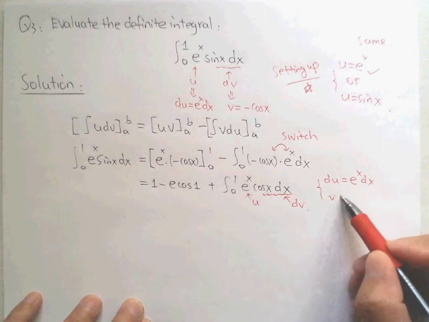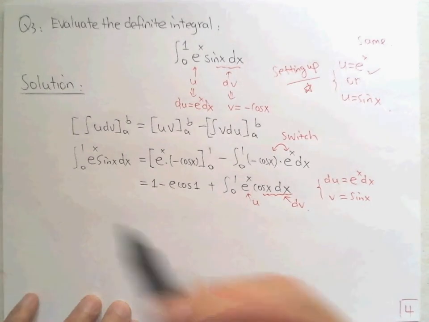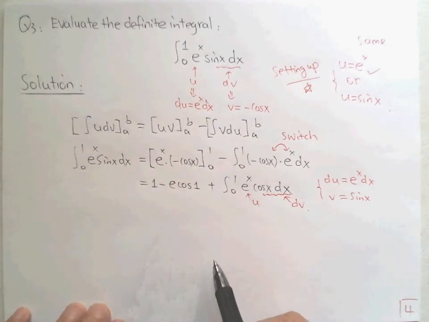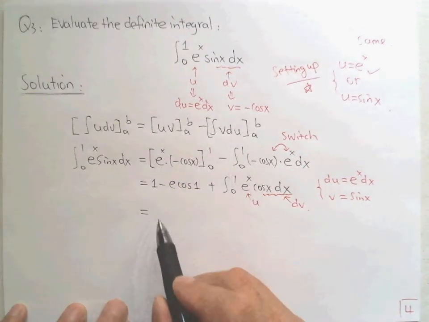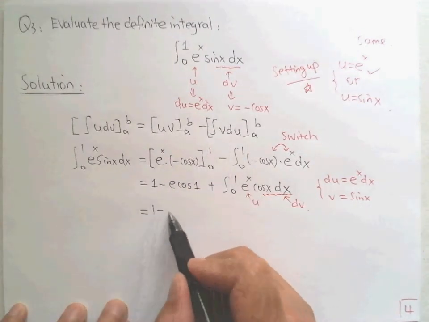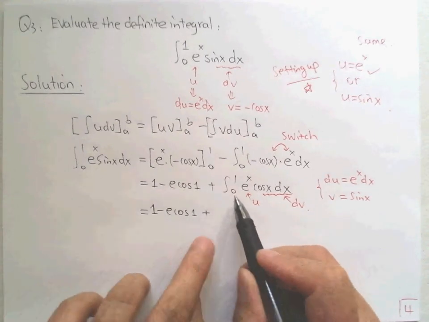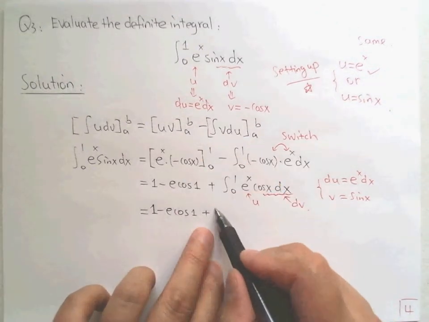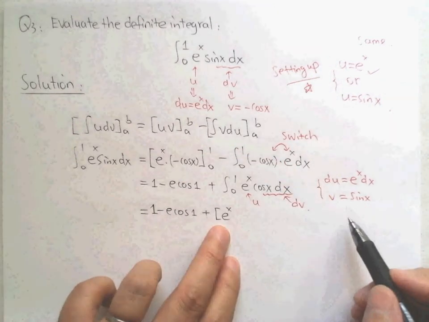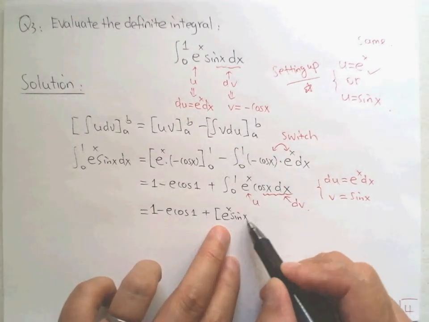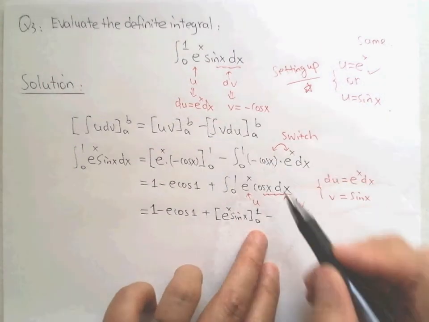We need the du, right? Du is e^x dx. We need to solve for v. Easy to solve, it's sine x. I plug in. I will use this formula again, we have the formula there. This is 1 minus e cosine at 1, and then plus the difference between a and b of the function: u is e raised to the x, v is sine x, between 0 to 1.